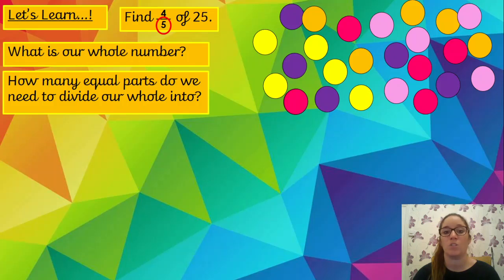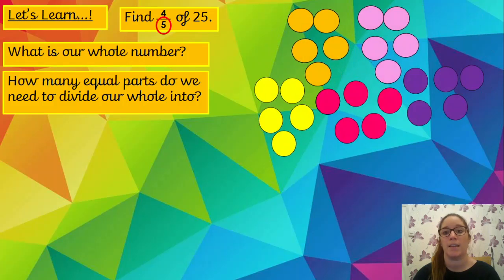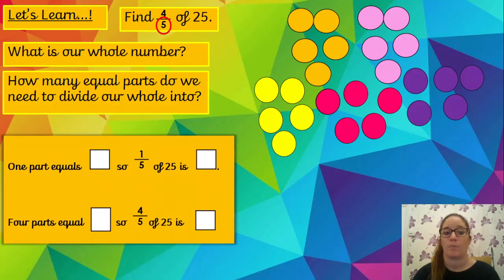So I'm going to sort my counters into colours, into 5 groups. So I've got yellow, orange, pink, dark pink, purple. So they're my 5 equal groups. And I've got 5 in each group because 5 times 5 is 25. How many is in one group? I've got 5 parts here, 1 for each colour.